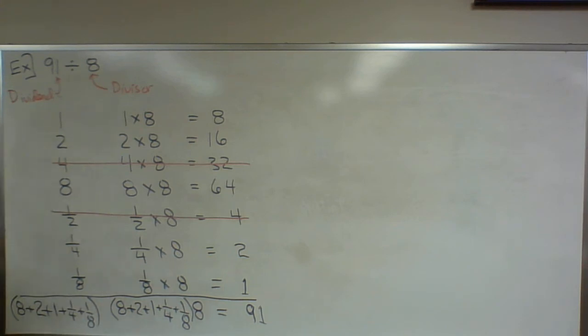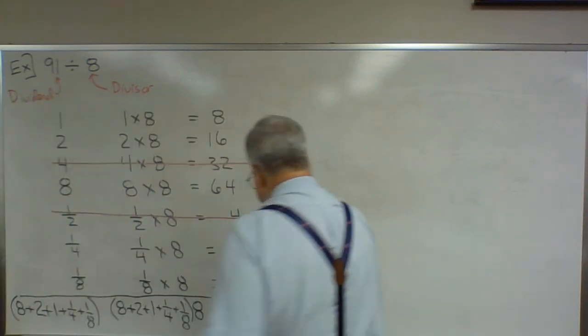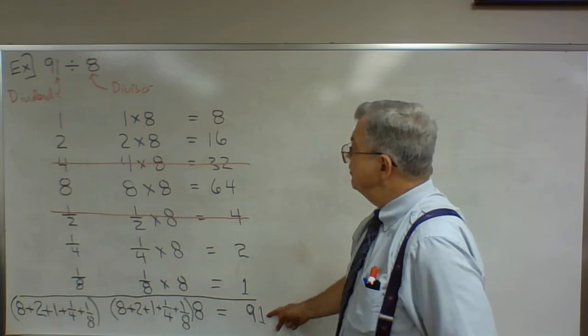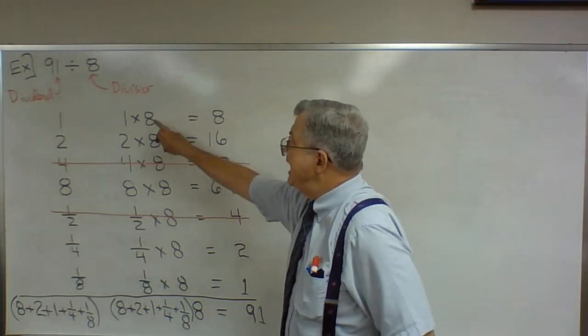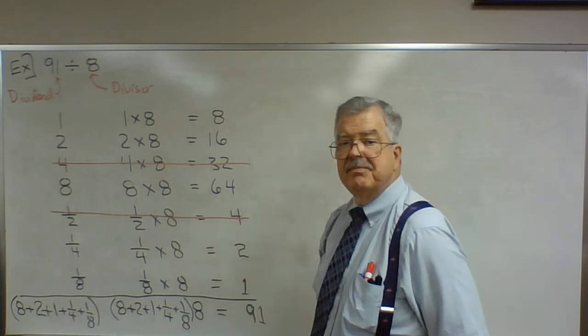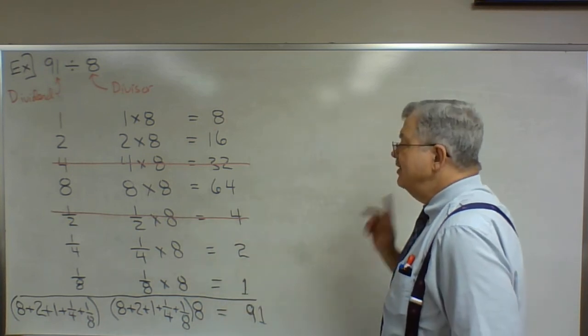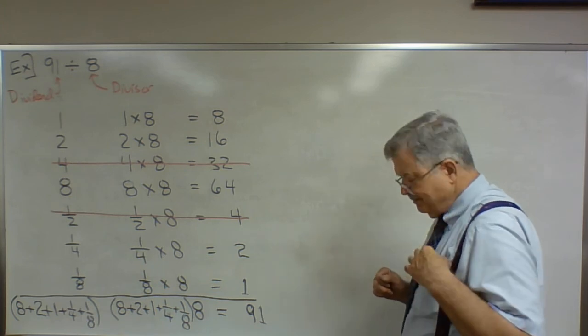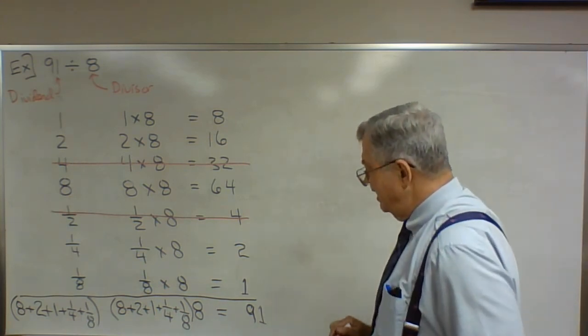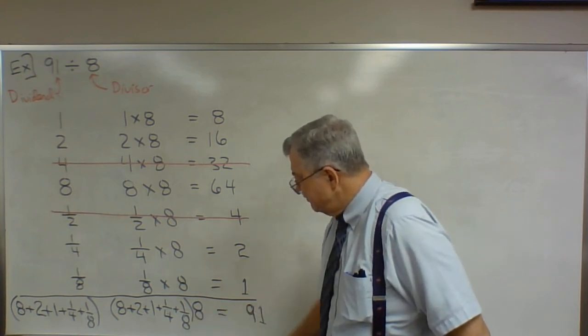Now what we've done so far is step 1. We decompose the dividend into the sum of powers of 2 times the divisor. The second step is to factor out the divisor. Okay, we did that.